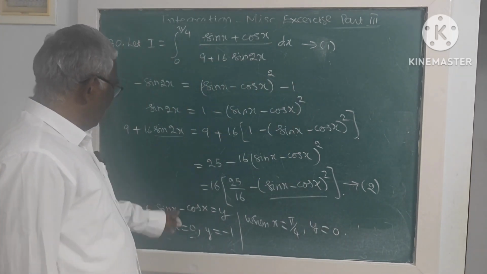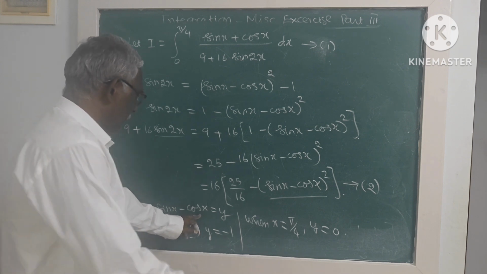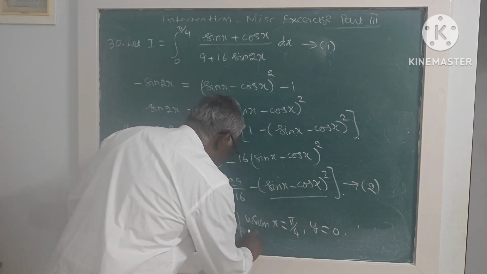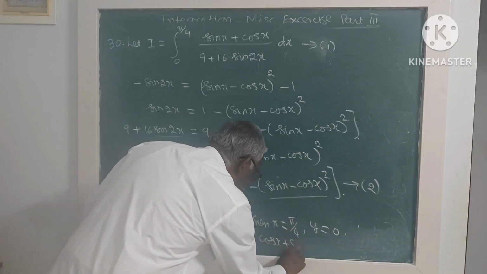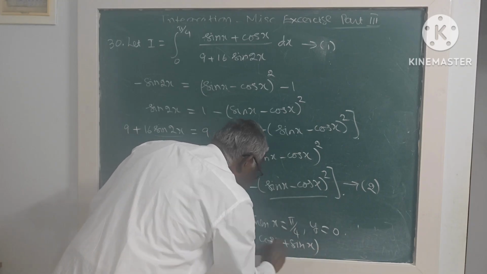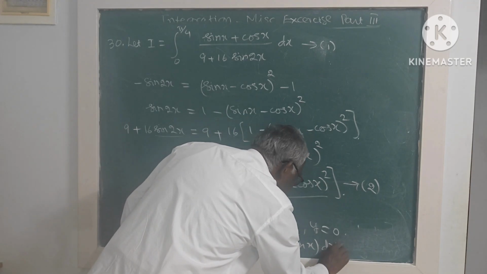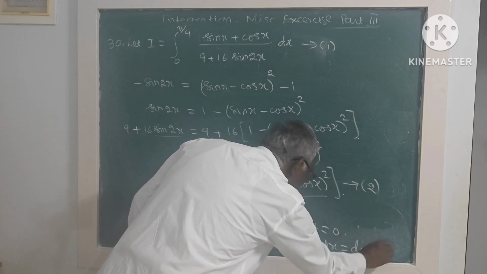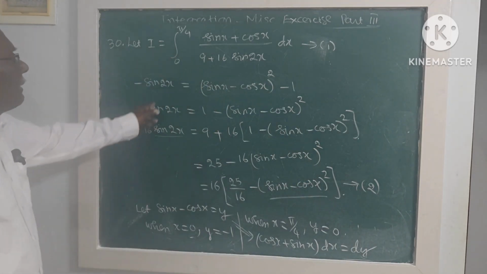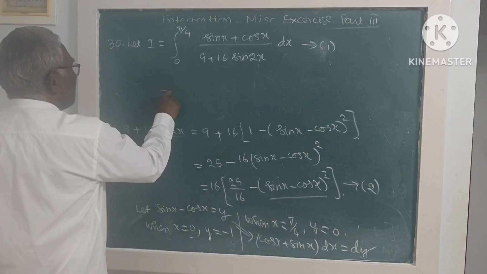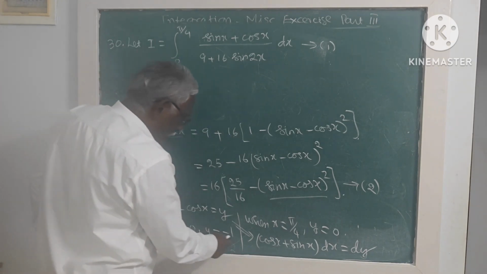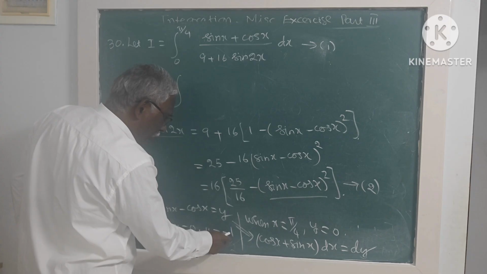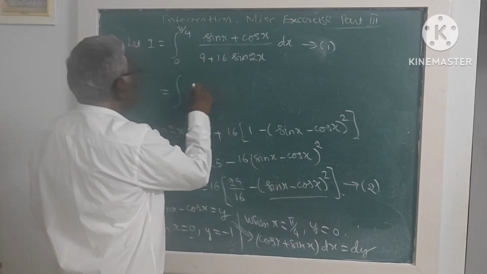If we differentiate this, cos x plus sin x dx becomes dy. Therefore, x varies from 0 to pi by 4, y varies from minus 1 to 0.